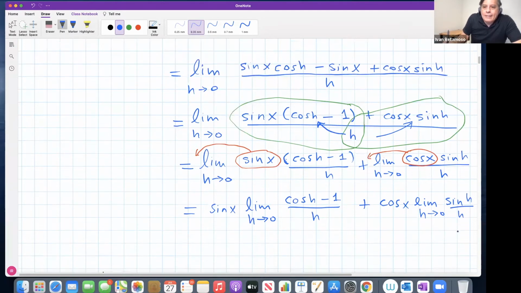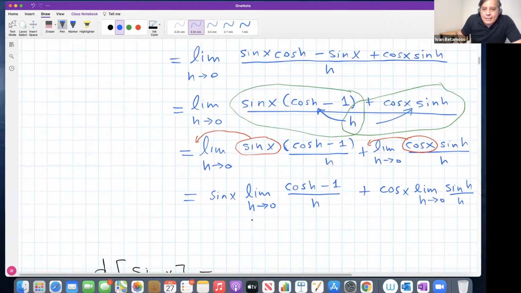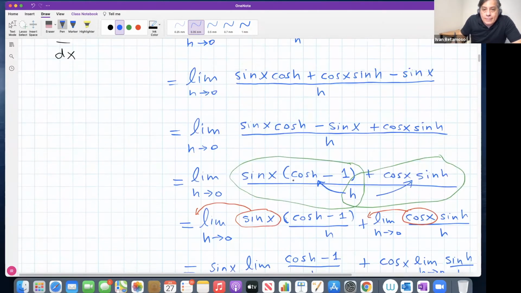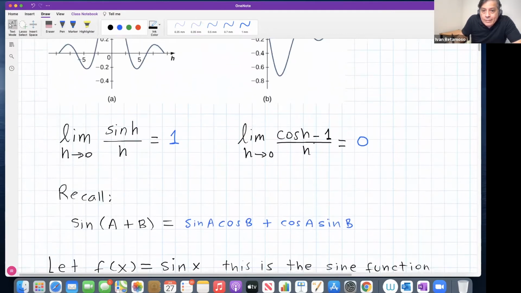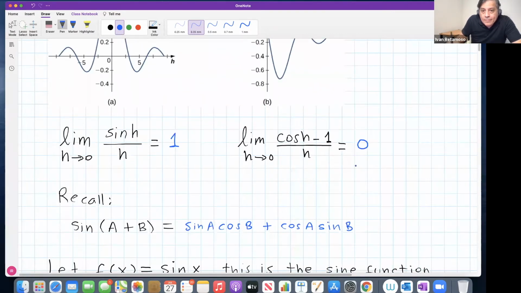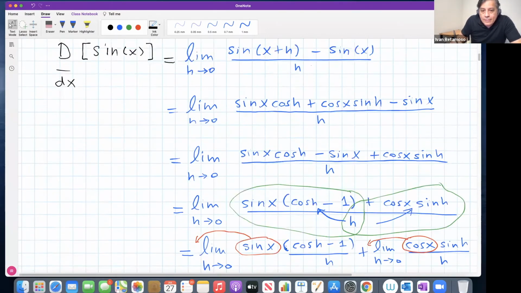Now, finally, this limit was calculated before, and it is just 0. You see this, 0. I'll put it there, 0.